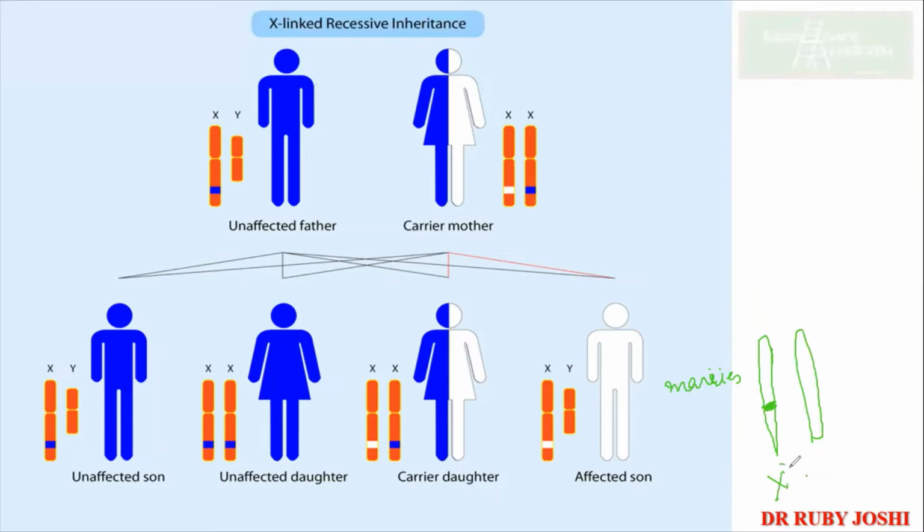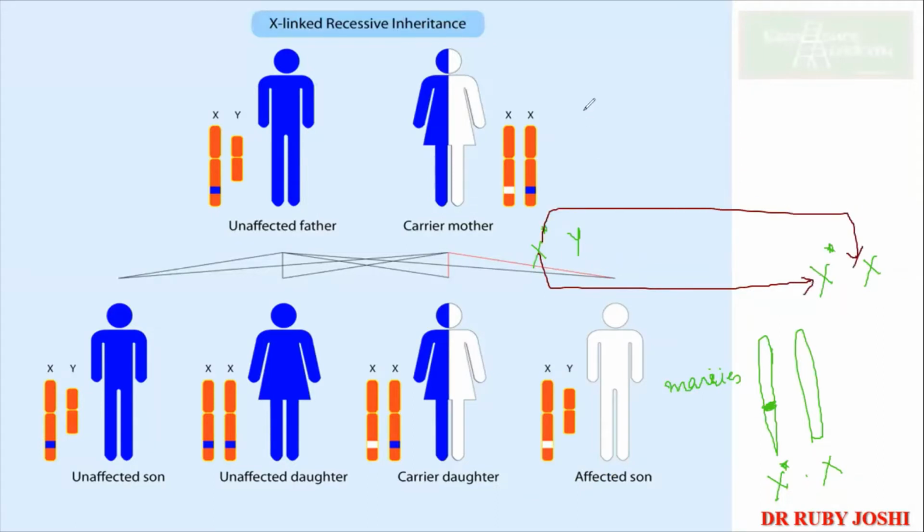X and X. अब जब इनके gametes बनेंगे, so what are the gametes here? X affected, Y normal. X affected, X normal, right? Now I'm gonna have the gametes. One with this and one with this.